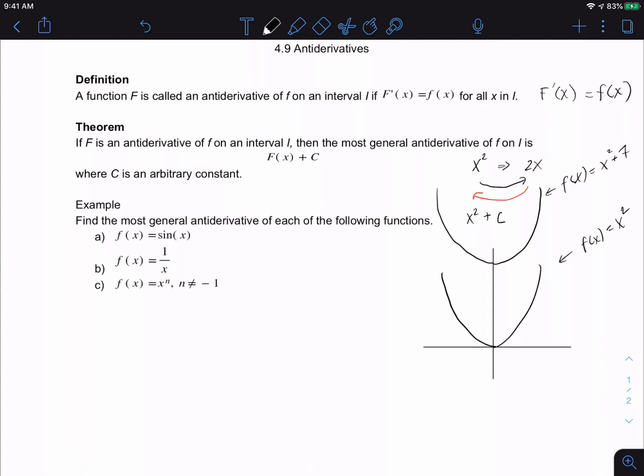Since they're both 2x, if I go from not knowing what my function is, but knowing the derivative is 2x, when I go back to my function, I'm going to get x squared, but I don't know which one it is, so I have to add that plus c constant. Does that make sense?